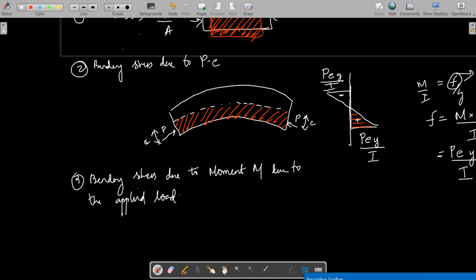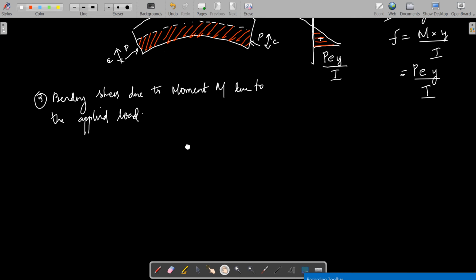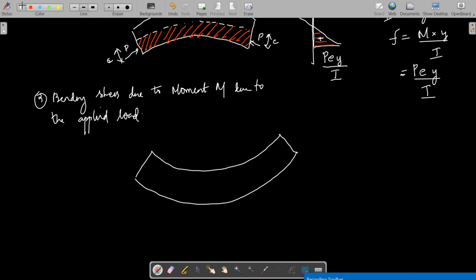Due to this applied load, the beam will be deflecting the way you have studied before, in the introduction to pre-stressed concrete. So it will be like this. The tension will be at the bottom and compression will be at the top, the neutral axis being like this.